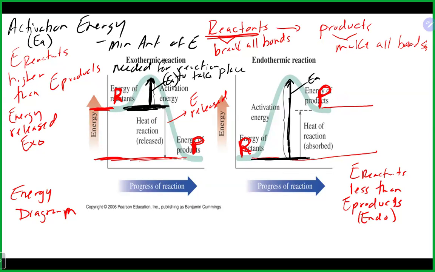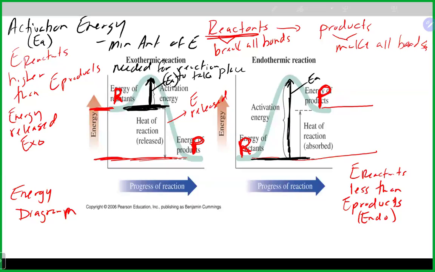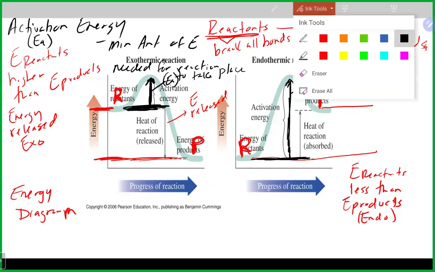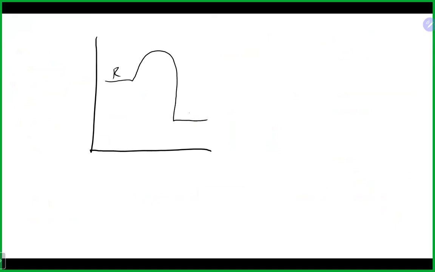Now, what's happening as they are climbing this activation energy hill? I'll just redraw it here. As we look at an energy diagram such as this, with reactants, products, energy, and our E of A, what's happening as the reactants climb this hill is that the bonds start to break.